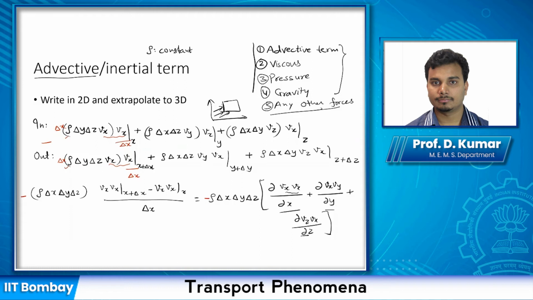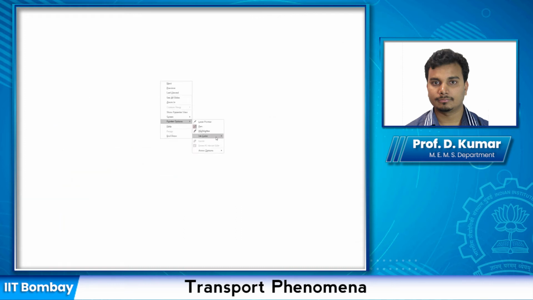So remember, we just did simply in minus out, and we go term by term, and then you are able to get it. Okay. The second one you want to look at is the constitutive equation. In this case you are actually looking at, let's use a different color, the second term, that is viscous dissipation.